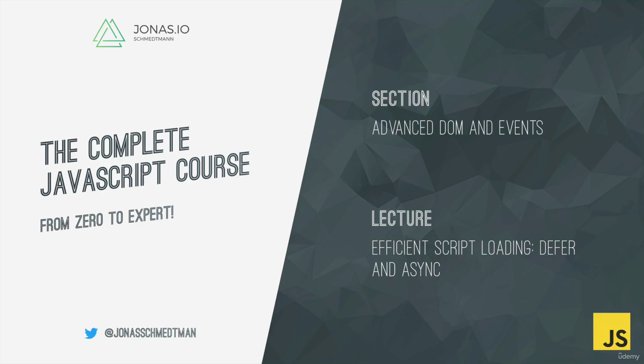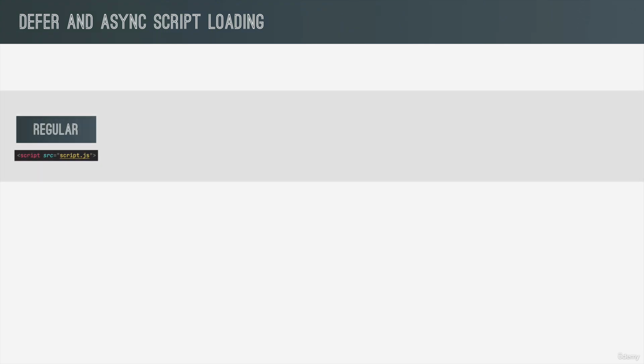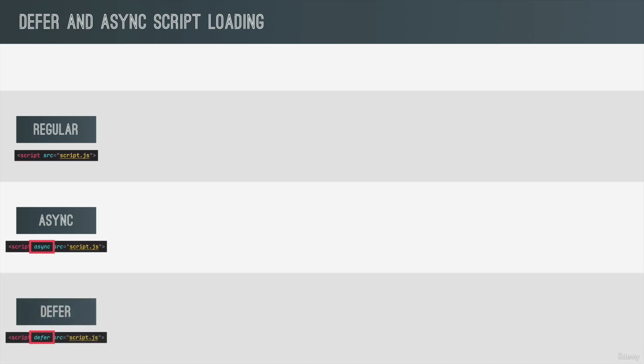To finish this section, let's take a quick look at different ways of loading a JavaScript script in HTML. So up to this point, we have always used the regular way of including JavaScript files into our HTML, like we can see here. However, we can also add the async attribute to the script tag like this, or the defer attribute.